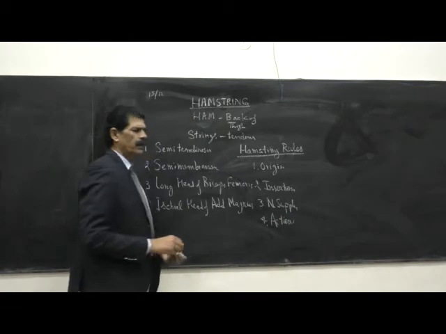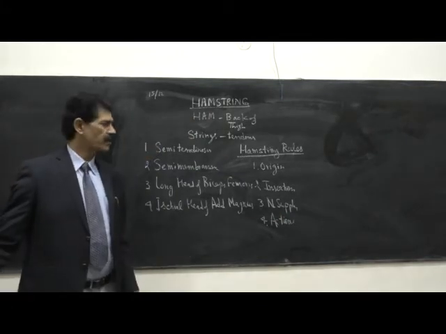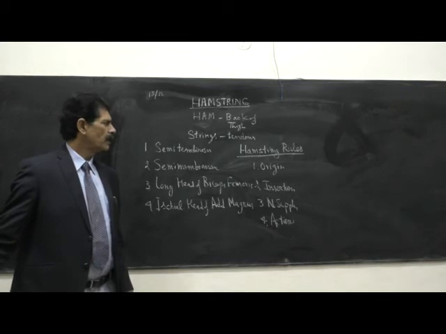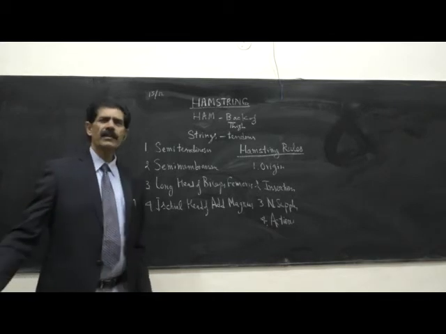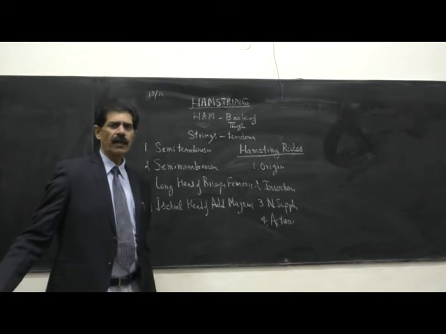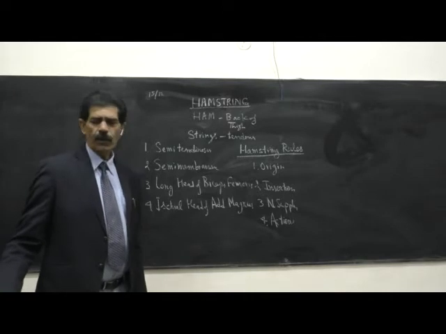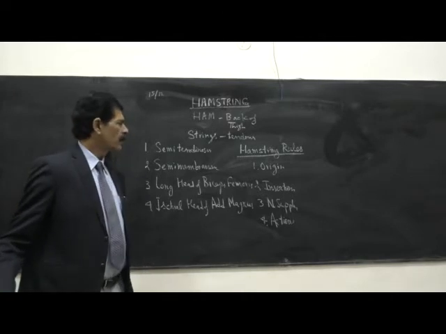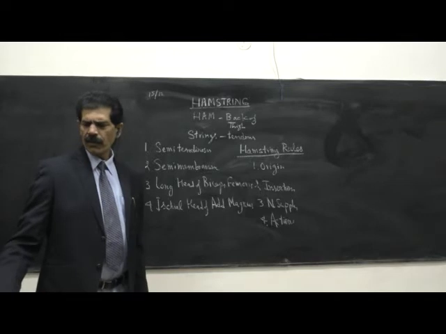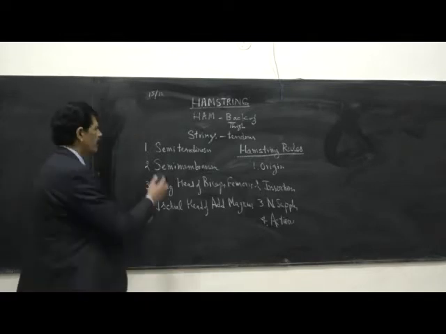All 4 muscles follow the 4 hamstring rules. The origin, insertion, nerve supply as well as the action of all these 4 muscles is the same. So they are called the hamstring rules. That's why they have been grouped together. So we'll take one by one what these muscles are and how they follow the rules.